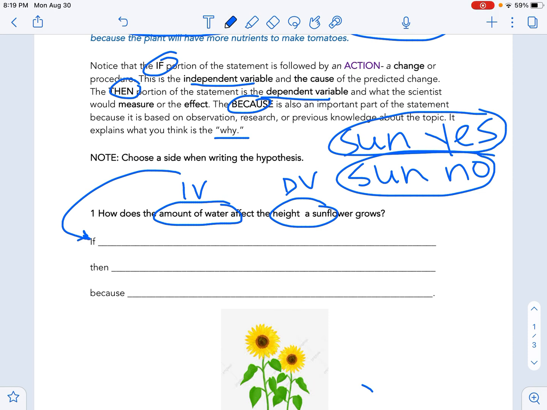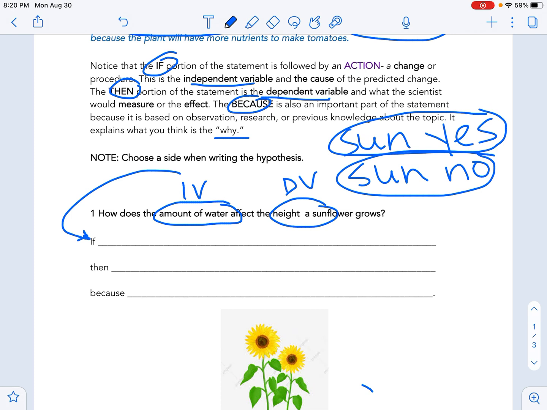So we need to think, what do we want to do with the water? Do we want to have no water? Or we want to have a normal amount of water? Or do we want to have like overwatering? That would all be decided when you are setting up or thinking about your experiment, what you would like to do.